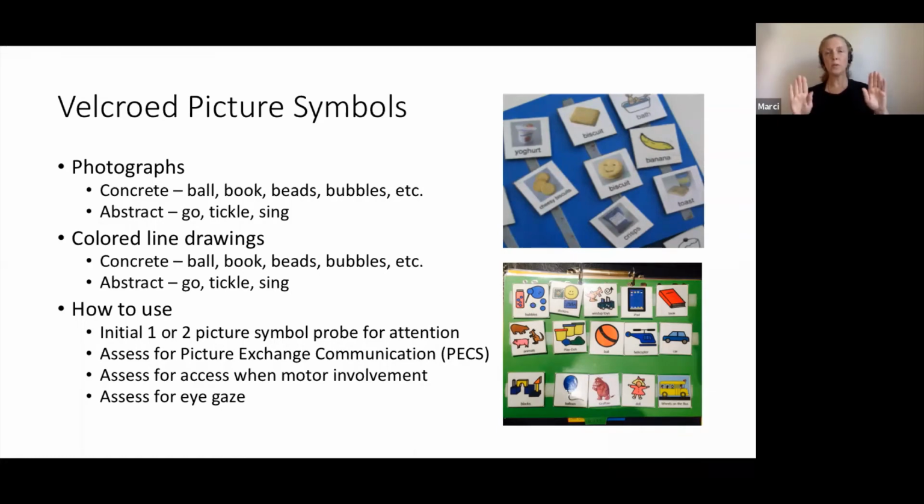I also use Velcro pictures when there's some motor involvement. Maybe there's some spasticity where they can't get their arm or their finger to point. So I can spread out my picture symbols and I can watch them make a choice. And if they can't use their hand, then I can hold up the two pictures and look at their eyes and watch how they shift their gaze for eye gaze.